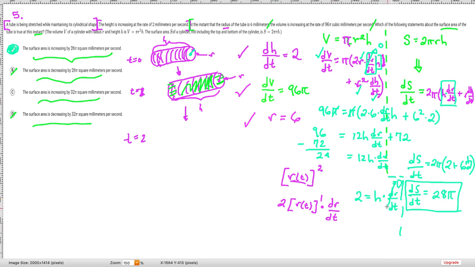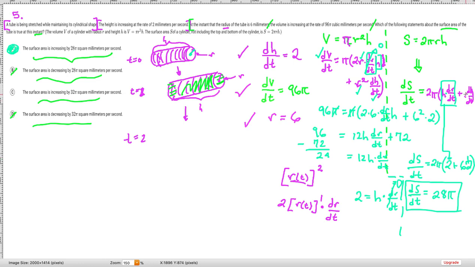But okay, we know that at this instant, the rate at which the radius is increasing times the height is equal to 2. And then I'm talking about that same instant over here. I want the rate at which the surface area is changing, and that's given by this derivative, ds/dt. And I know h times dr/dt was 2. So instead of writing that, I just wrote 2 in here.